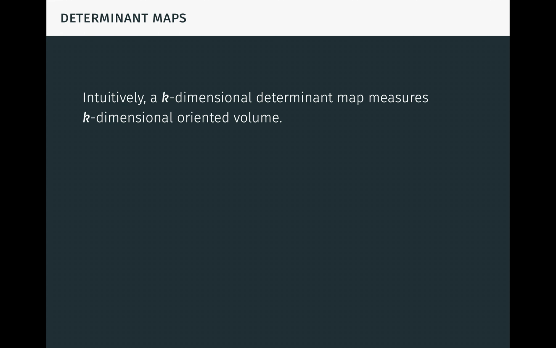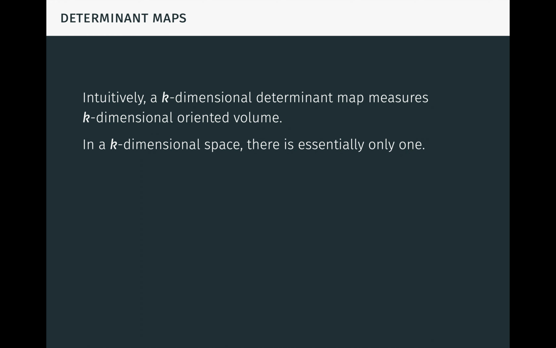Second, this intuition comes from working in low-dimensional spaces that we can visualize, like the plane. Third, a determinant map as we've defined it is in general vector-valued. It's not immediately clear how a vector quantity can measure a volume. Nevertheless, this intuition is still useful in guiding us to correct results even in the more general case, and the flexibility of our definition turns out to be extremely powerful, as we'll see.